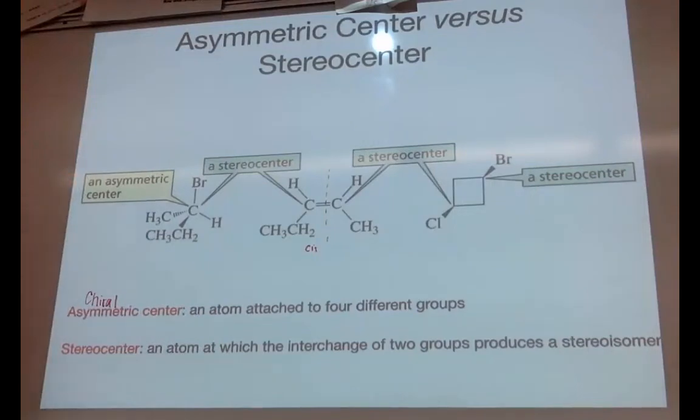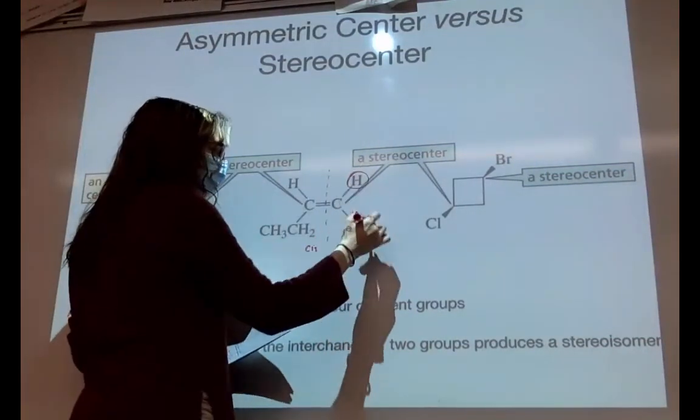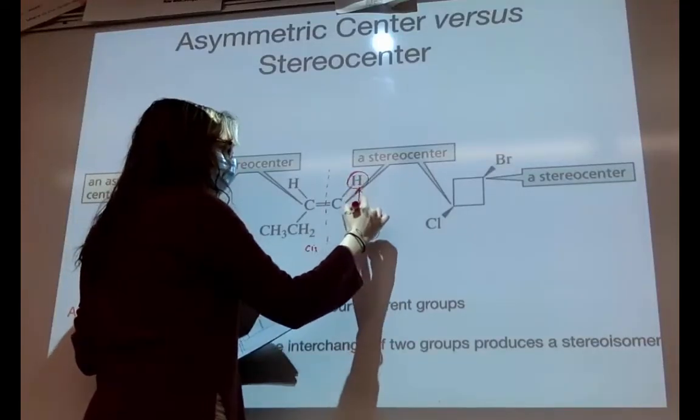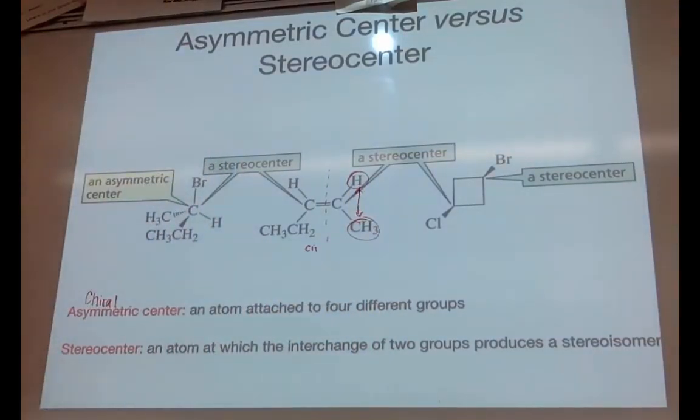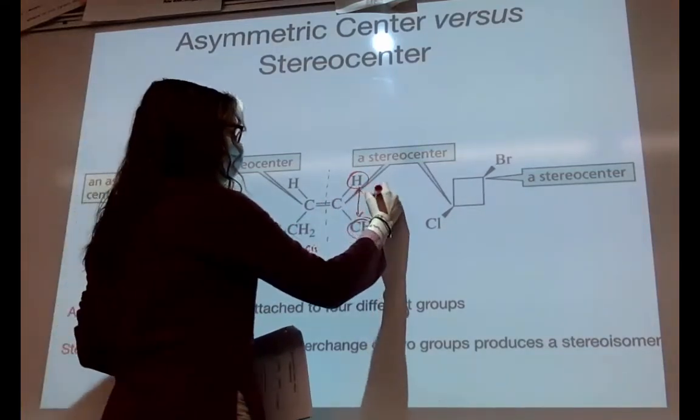All right, this is a cis double bond. If I switch the hydrogen and the methyl, it's still connected the same way. I still have a hydrogen and a methyl connected to that carbon, but now if the methyl's on the other side and I switch it, then it becomes trans.